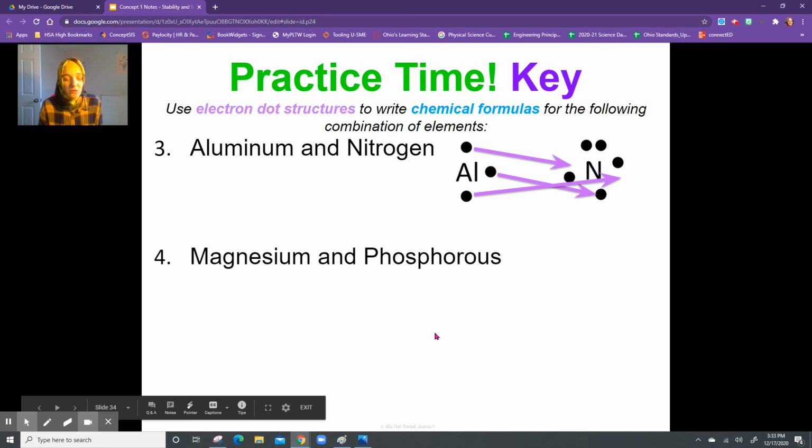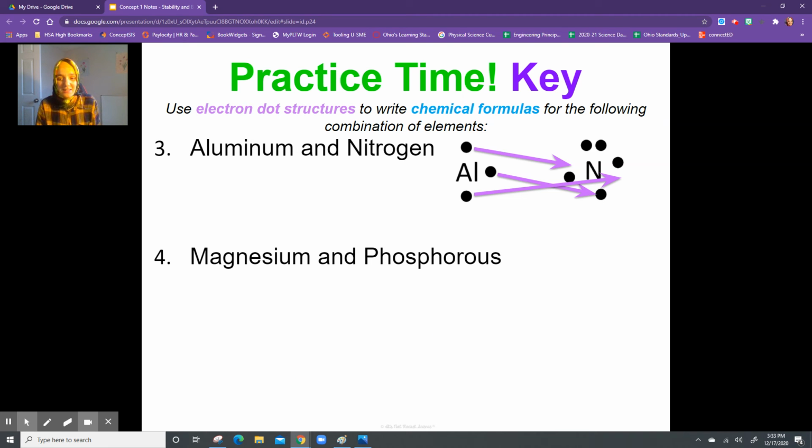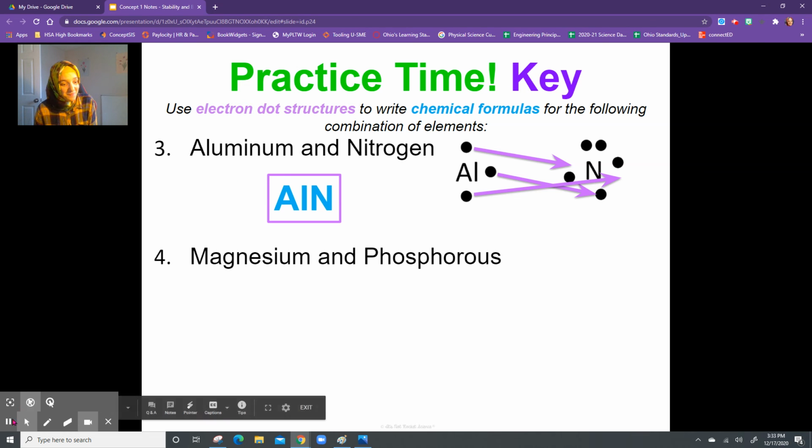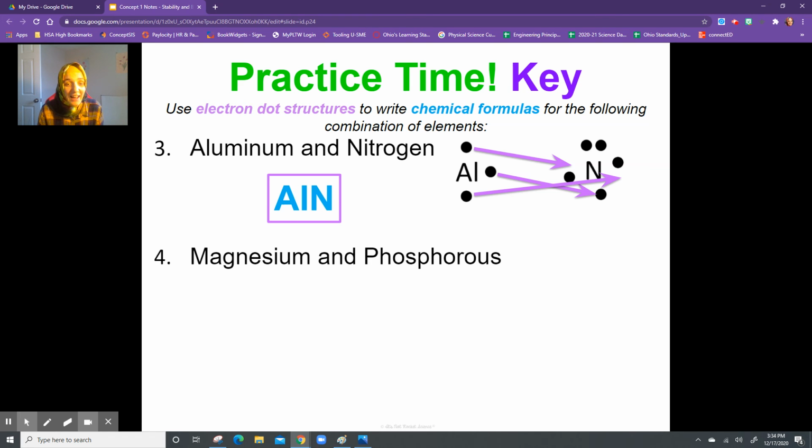And then how about the third one, aluminum and nitrogen? So aluminum needs to give 3, and nitrogen needs to gain 3 from aluminum. I think they made a pretty good couple to make each other stable. So we just needed to use 1 from each to make this bond. So aluminum and nitrogen. Now the name of this compound is aluminum nitride.